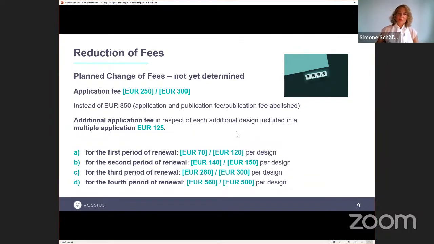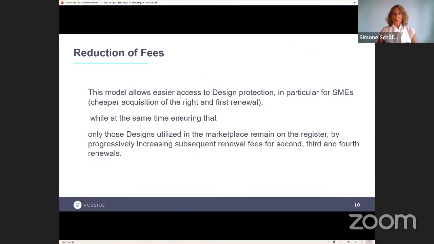And this has been implemented in order to support small entities and medium-sized companies to achieve design protection for their valuable IP. So this ensures at the same time that small and mid-sized companies are engaging more and more in their design protection.